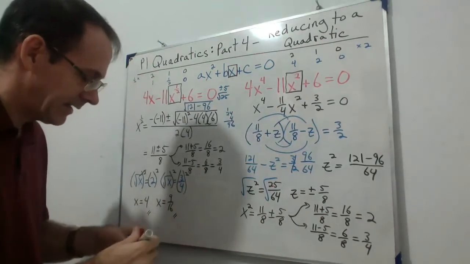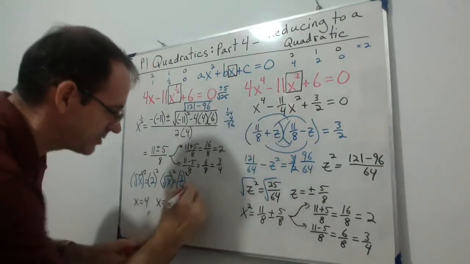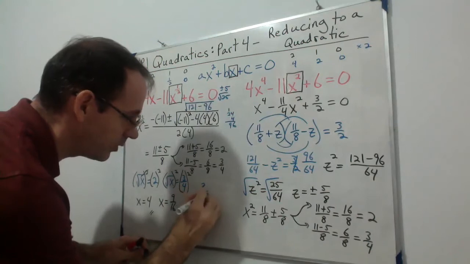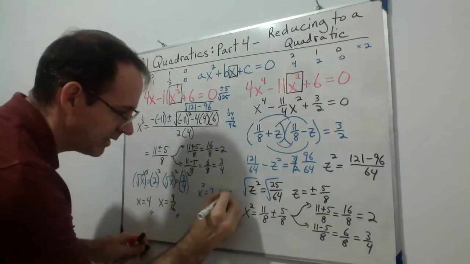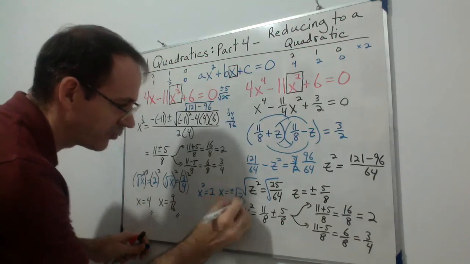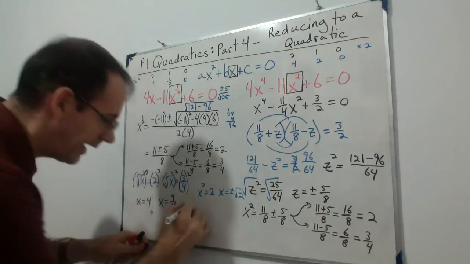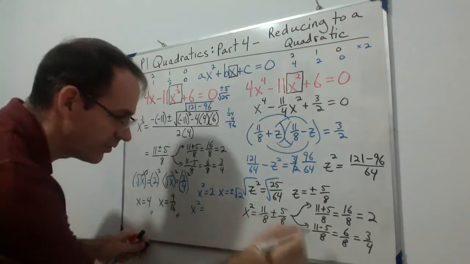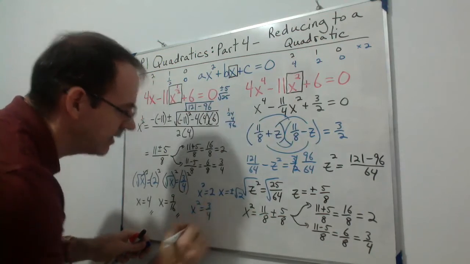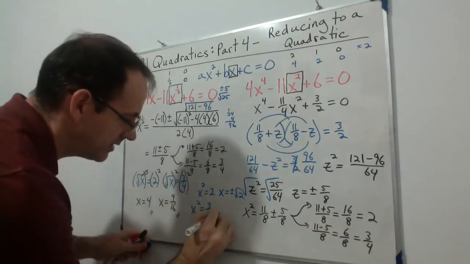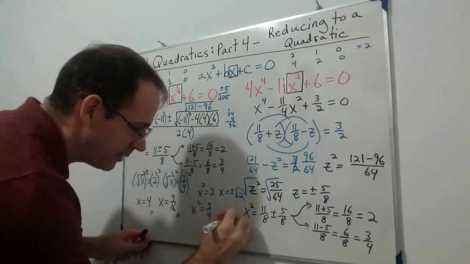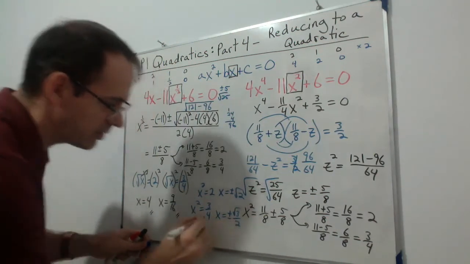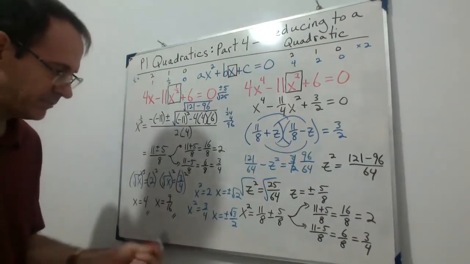So what I get is x squared equals 2, meaning my x is equal to plus or minus root 2, and x squared equals 3/4, which when I square root both sides, x equals, and remember, I'm putting the plus or minus, so this would be root 3 over 2 because the denominator comes out.